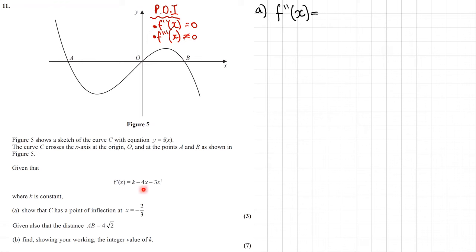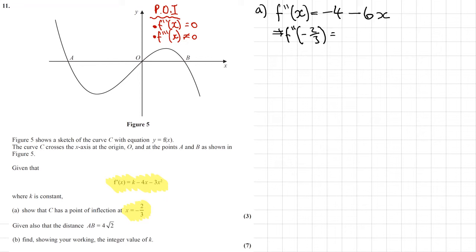So the k will just disappear, the minus 4x becomes minus 4, and the minus 3x squared will become minus 6x. Then we want to put the -2/3 into that and see what we get. So we'll work out the second derivative at -2/3.